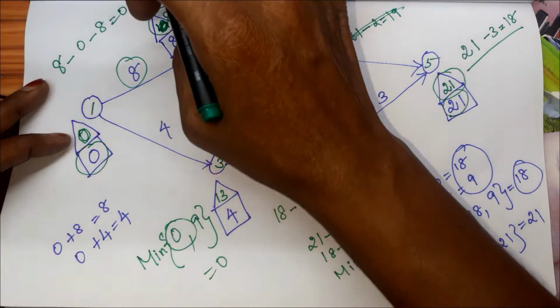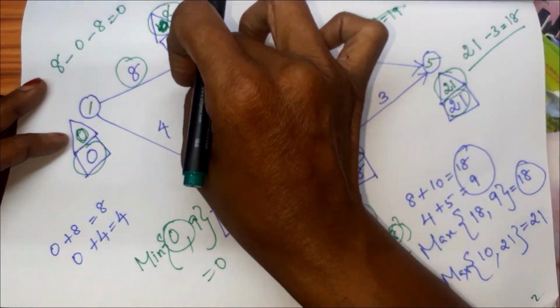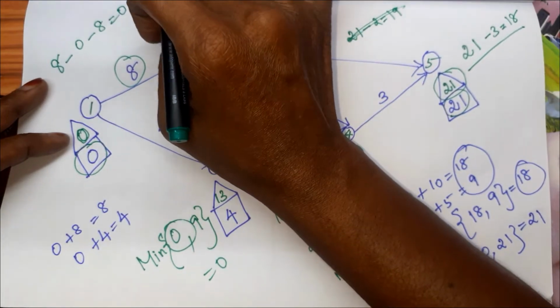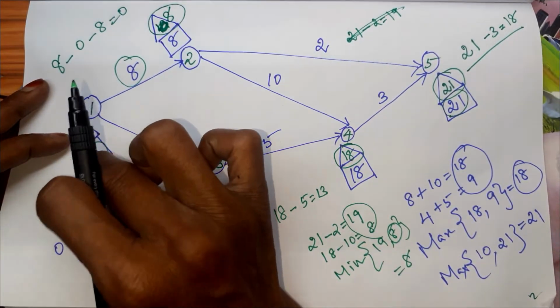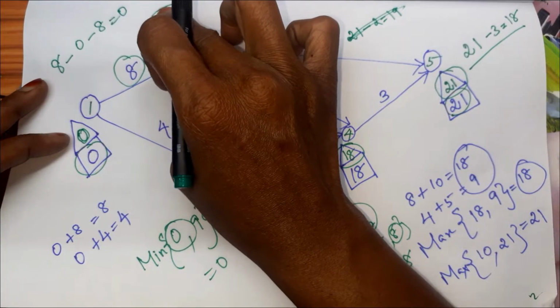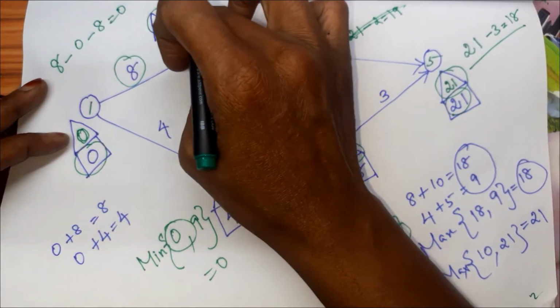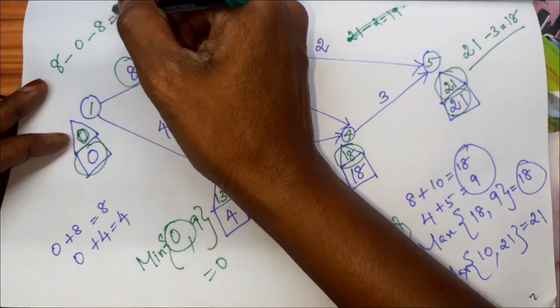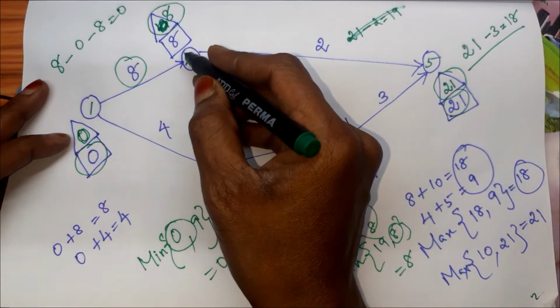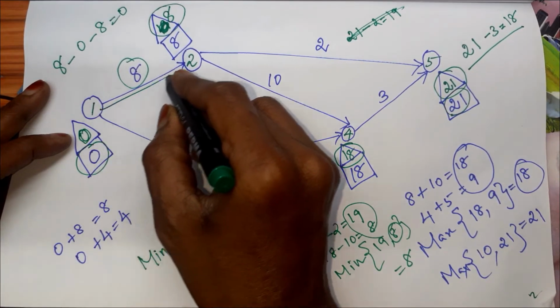I repeat, for an activity, we take the triangle value of the ending event minus the box value of the starting event minus the duration. So latest minus earliest minus the duration. So 8 minus 0 minus 8. If it is 0, we can say this activity is a critical activity. We can represent a critical activity with a double line.